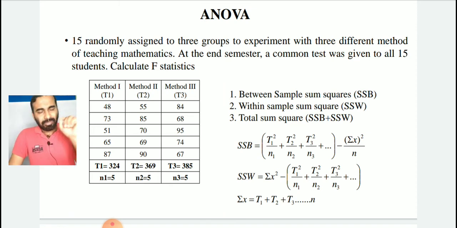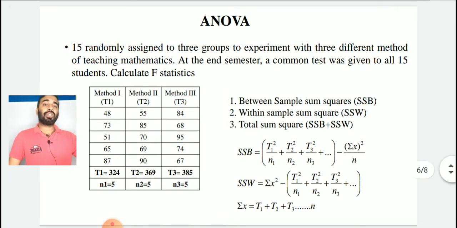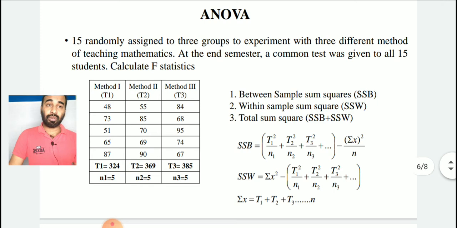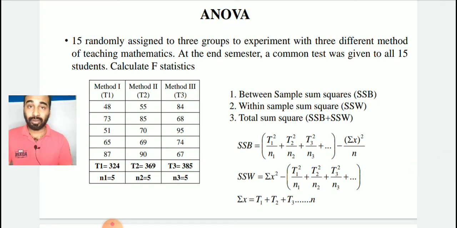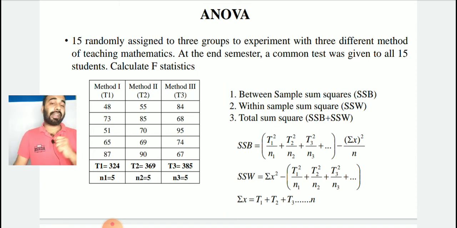SSB is equal to T1 square divided by N1 plus T2 square divided by N2 plus T3 square divided by N3, and if you have more groups, you can add T4 square divided by N4, like that. Minus sigma x square divided by N.